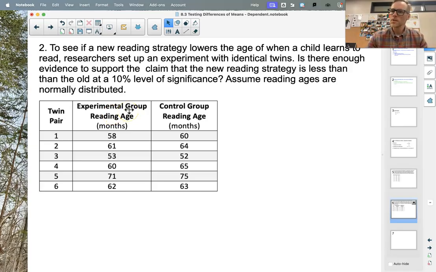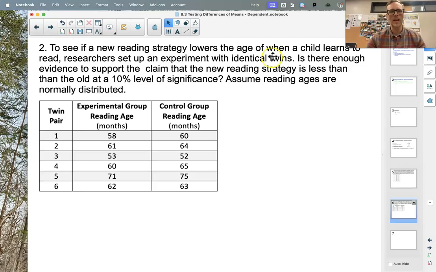So this isn't a before and after situation, but this is a dependent population or dependent sample anyway, because they're connected by, what's it say over here? Twin pair. So notice they are identical twins. What does that mean genetically? They have the same genetic makeup. They're being raised in the same home, in the same situation.